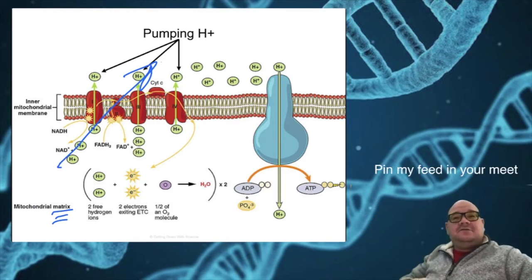That passing through is where the energy comes from. I'll try to show you a video. I didn't get it ready. I might have to stop recording and show you a model of ATP synthase, because it actually looks really cool.